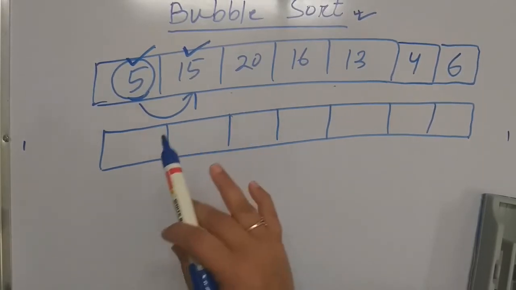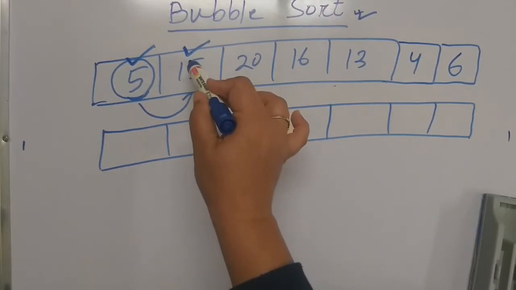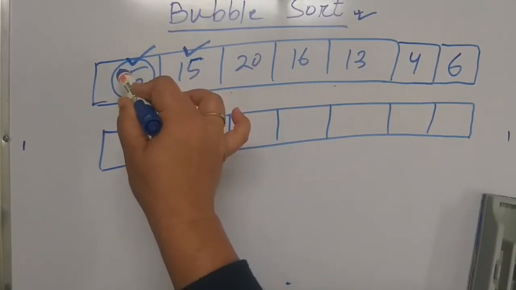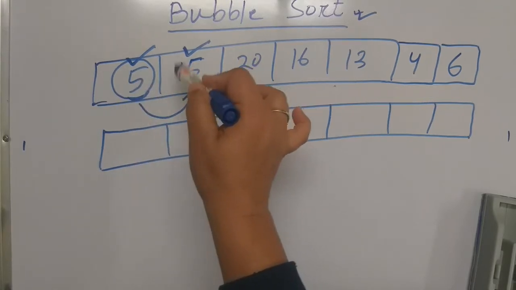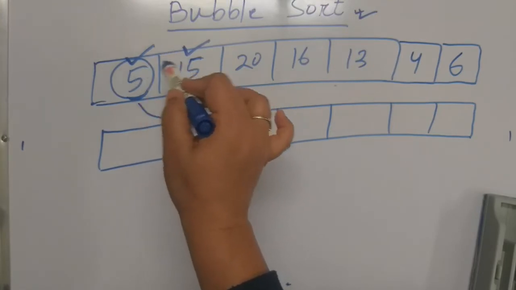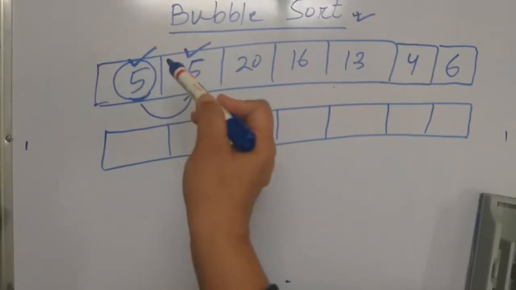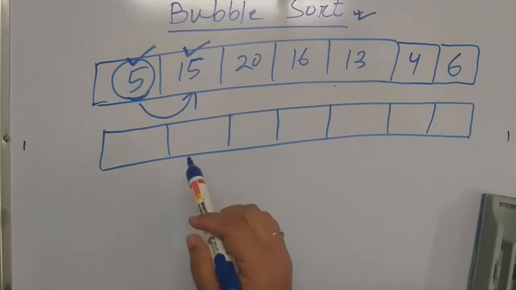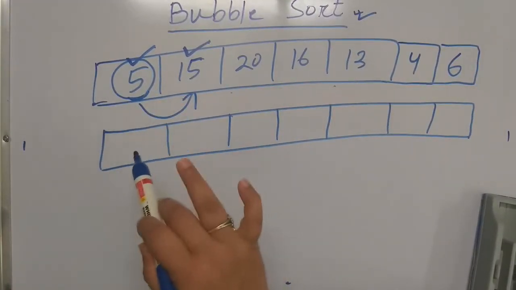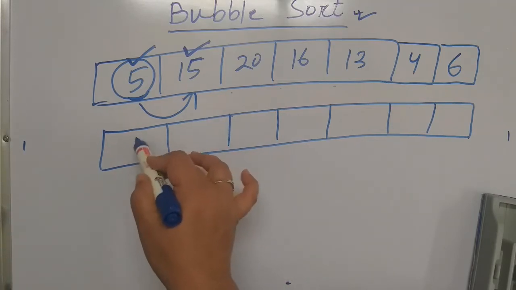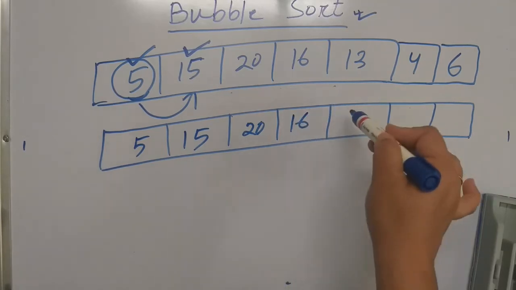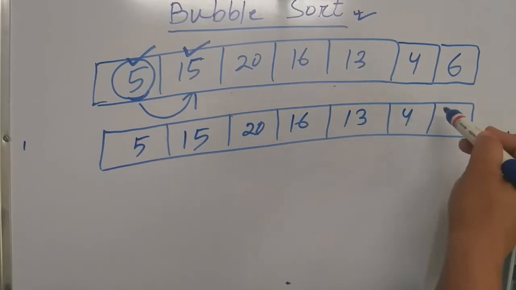If the opposite were the case, that is, if 15 were in the first position and 5 in the second, we would interchange, so 15 goes to the 5's place and 5 goes to the 15's place. But here 15 is larger than 5, so we do not interchange the values, and all the values remain as they are for the second iteration.